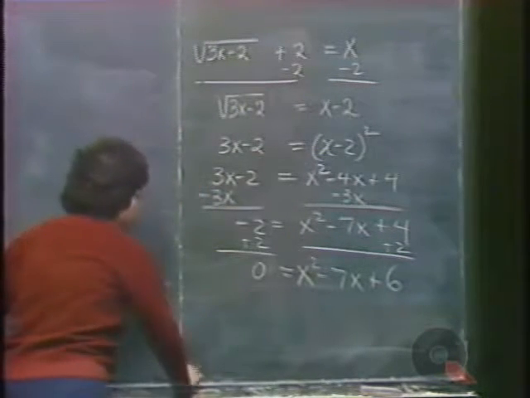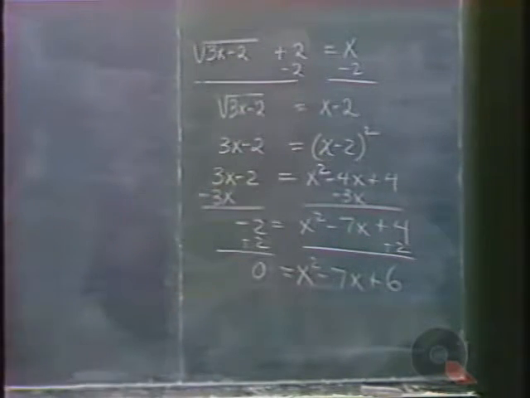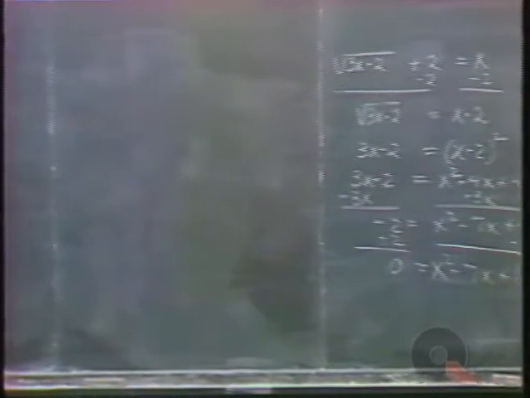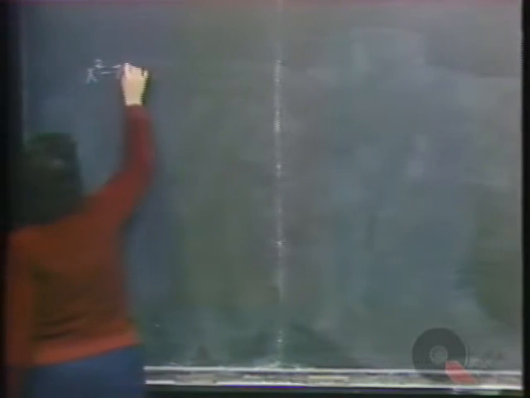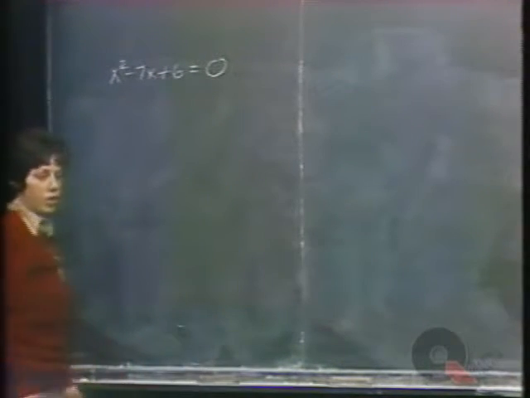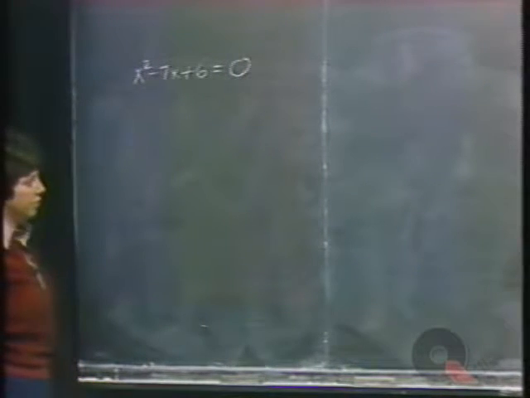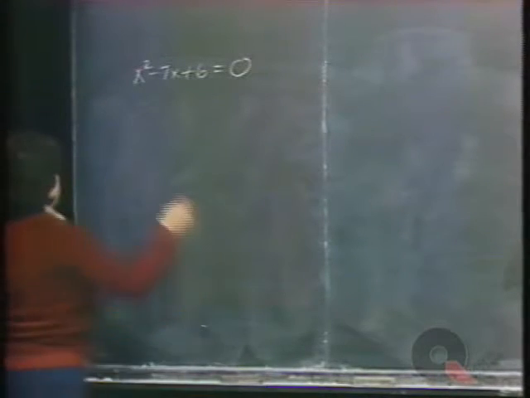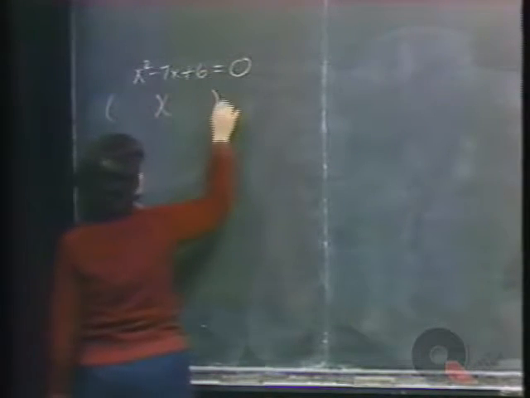Let's continue our solution over here. We have 0 is x squared minus 7x plus 6. I'll just write that as x squared minus 7x plus 6 equals 0, just switching the left and the right sides. And of course, to solve this one, this is a very simple one to factor.